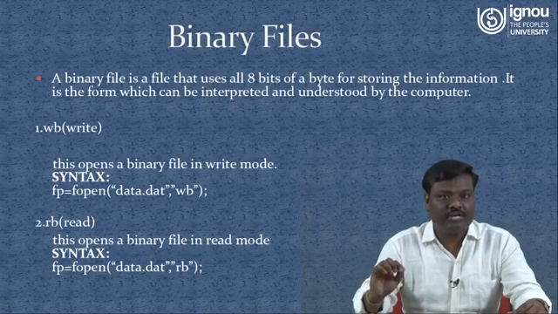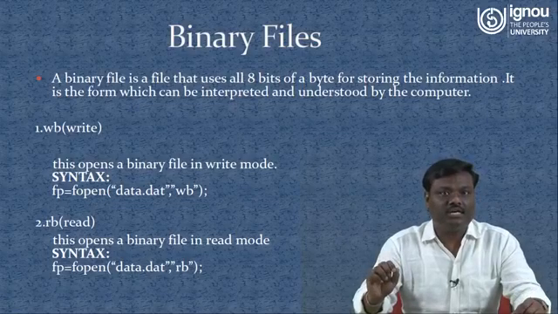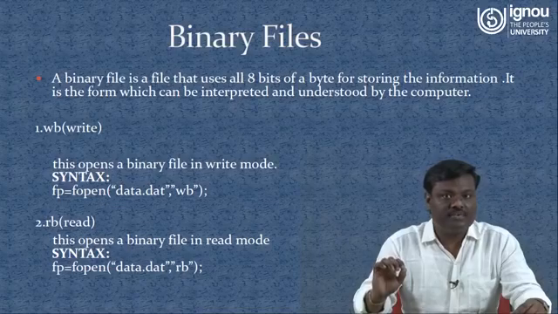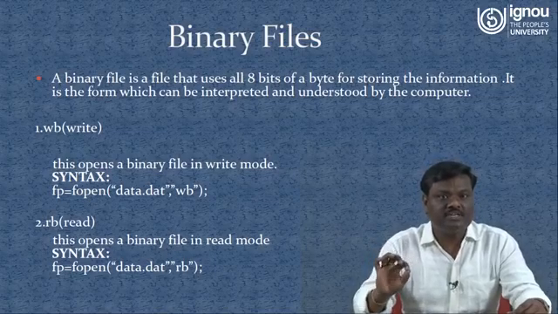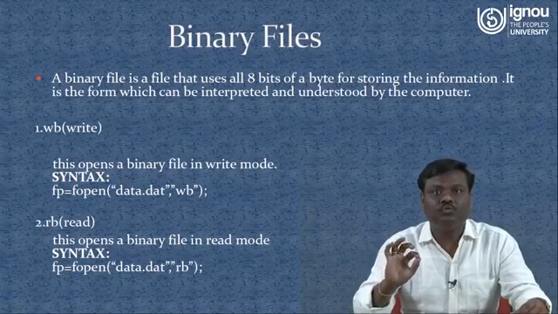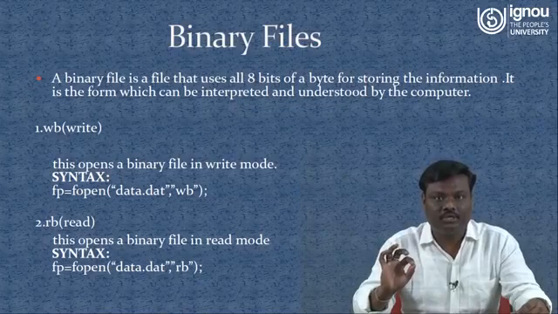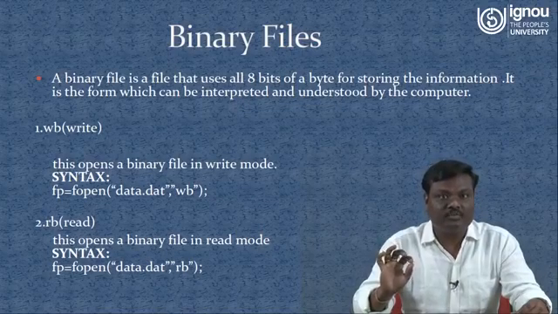FP is equal to fopen, within braces, within double quotes. The first argument is the file name data.dat, and in order to specify that data.dat is a binary file that you want to open in write mode, the second argument is WB.